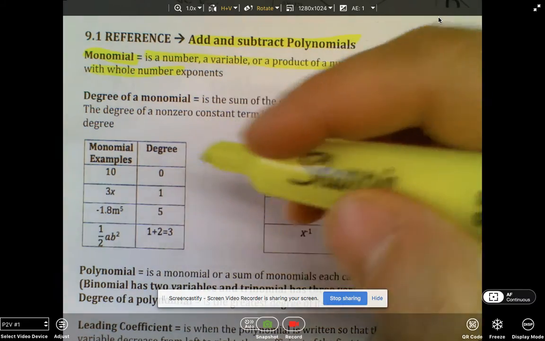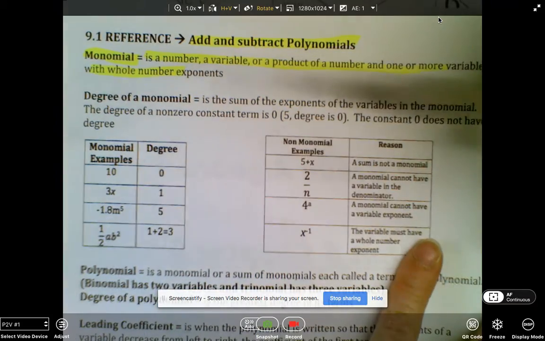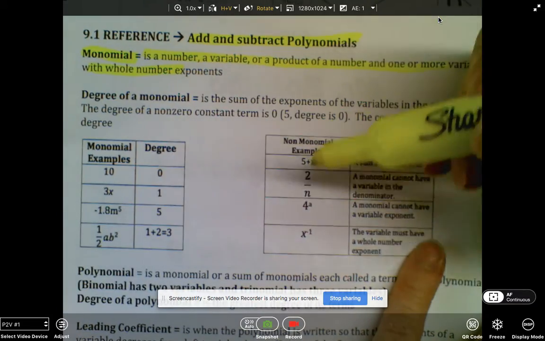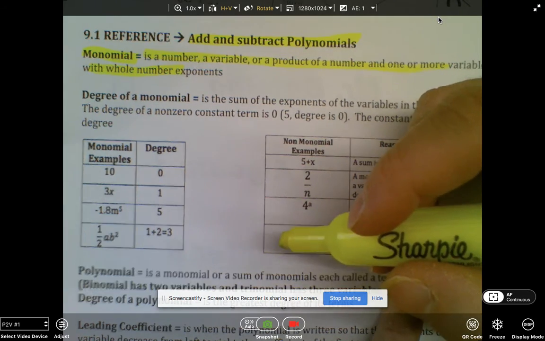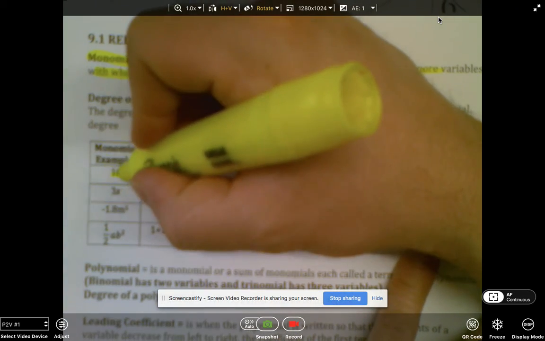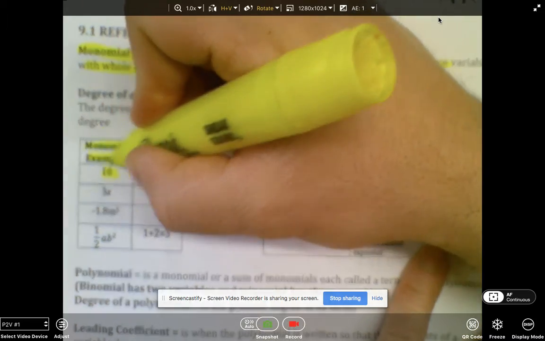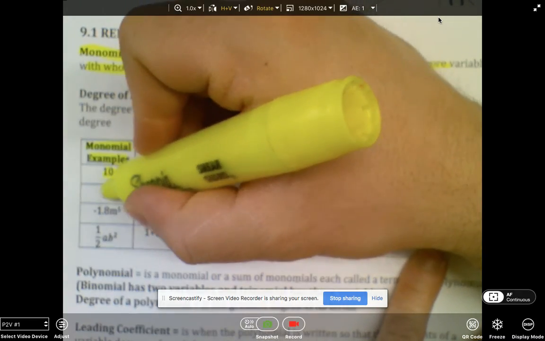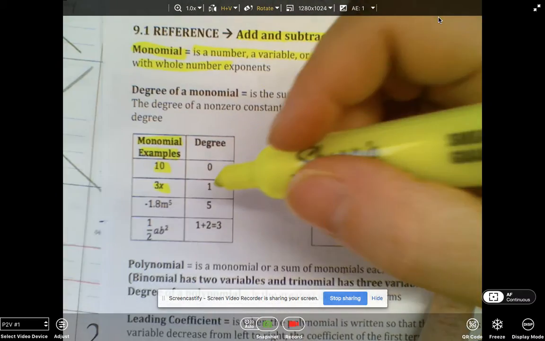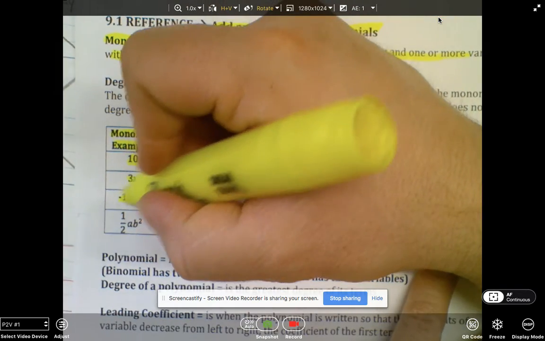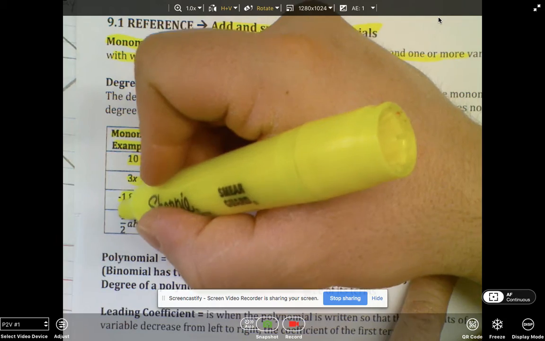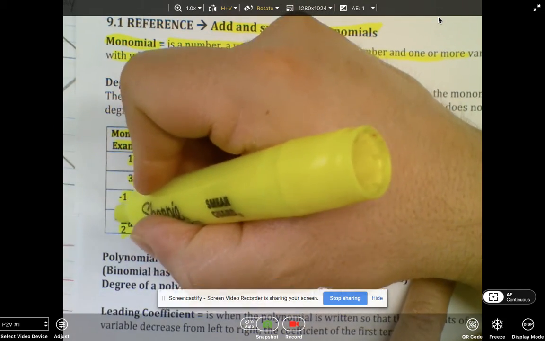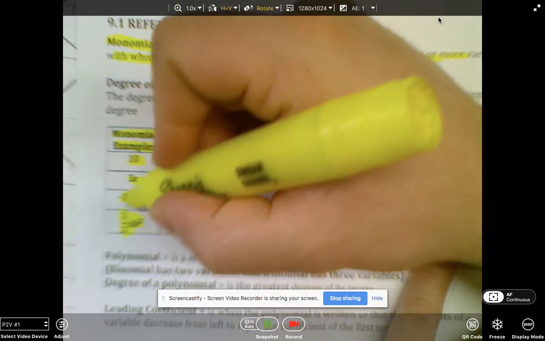It has to have an integer, a variable, and an exponent multiplied together, or just one of those things. So this is just an integer. These are monomials: an integer times a variable, an integer times a variable raised to an exponent. Same thing here, you can have more than one variable, and this is a rational number.